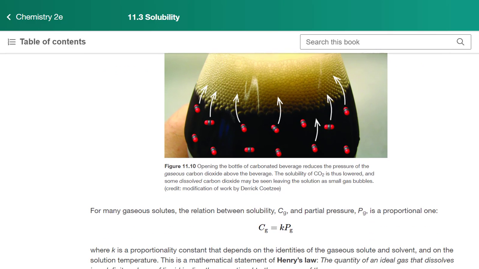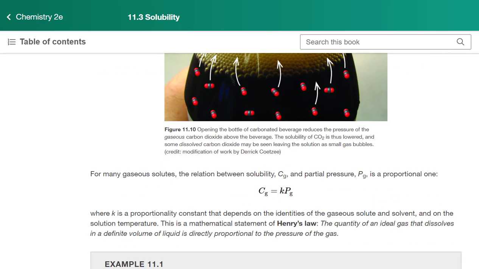So we can describe this relationship, and it's actually one we can describe mathematically, because it is that exact. And we're showing that here with Henry's law. We're not going to do a calculation with this, but just be aware of the trend in terms of how partial pressure and solubility go together.